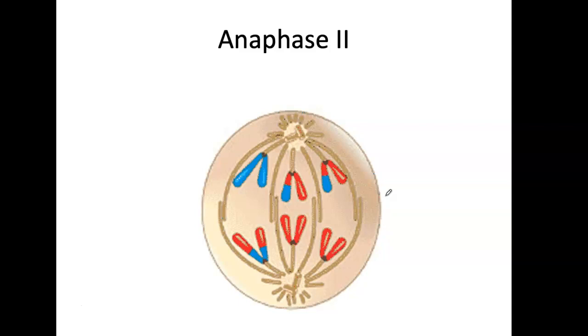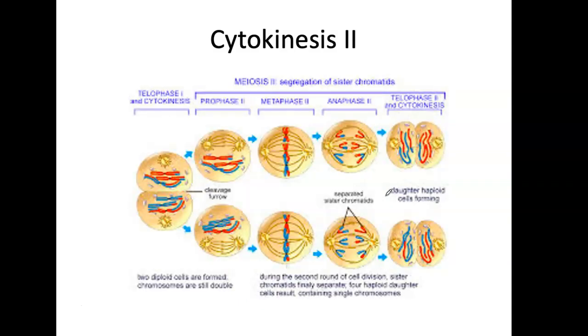Imagine this now with 23 pairs, not just 3 little chromosomes that we have in this diagram. And then finally cytokinesis. I know this is kind of hard to see, but it was the best one I could get, where you're going to divide out, line them up, pull them apart, and we end up with 4 cells.